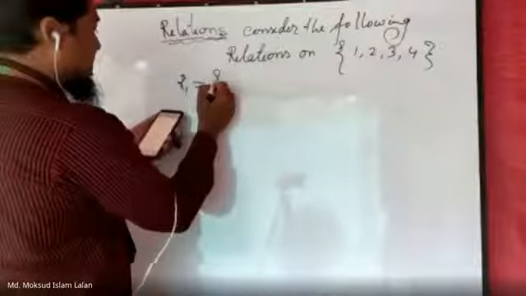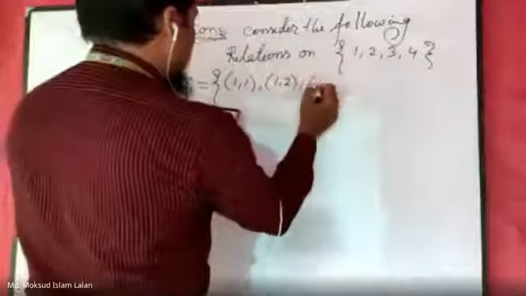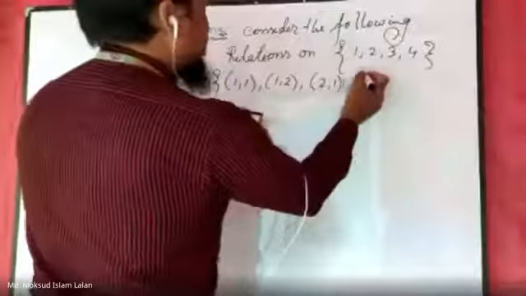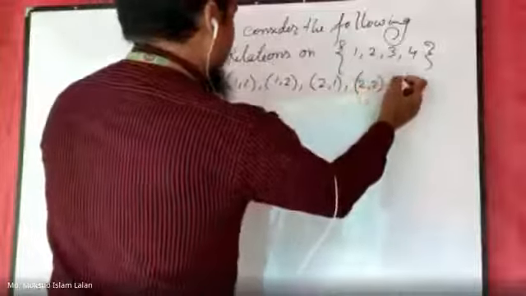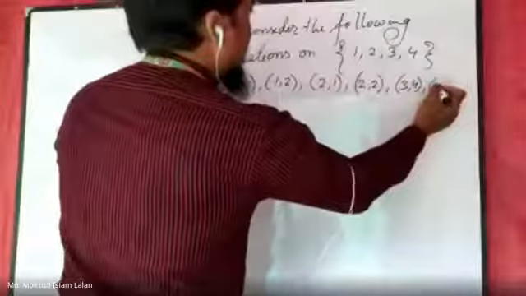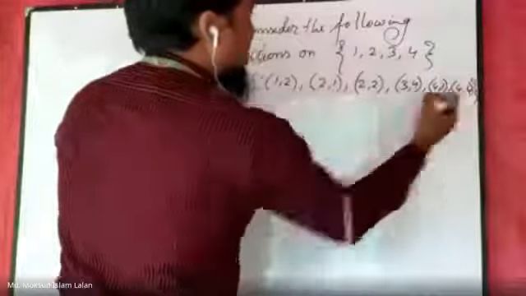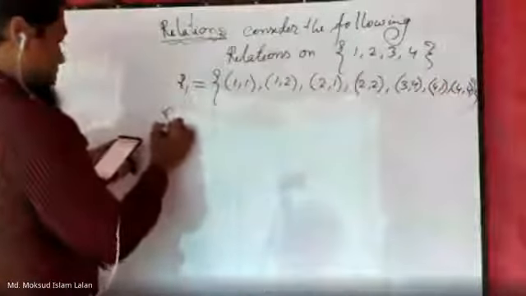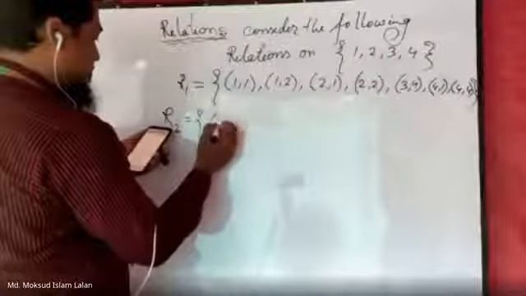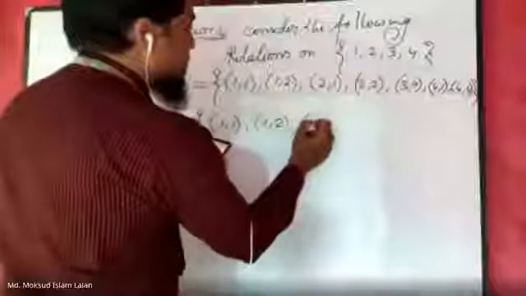R1 is given: (1,1), (1,2), (2,1), (2,2), (3,4), (4,1), (4,4). R2 equals (1,1), (1,2), (2,1).